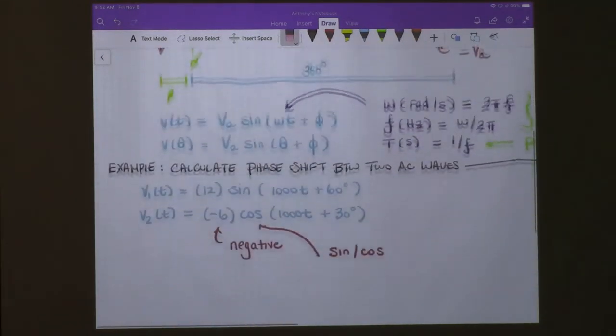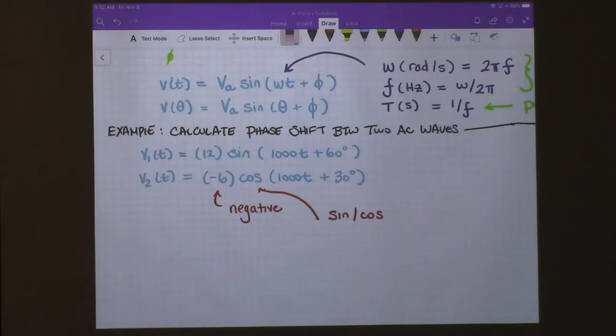Fortunately, there are some trigonometric identities we can use to go back and forth between sine and cosine, so we can shift everything to one type of function.